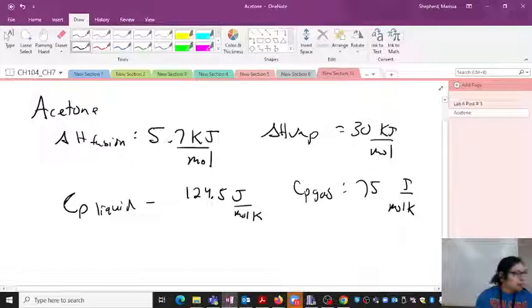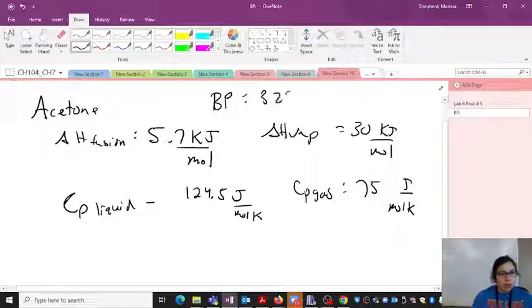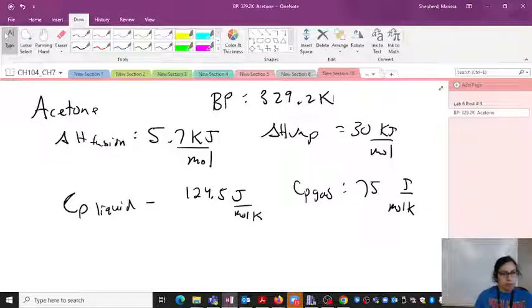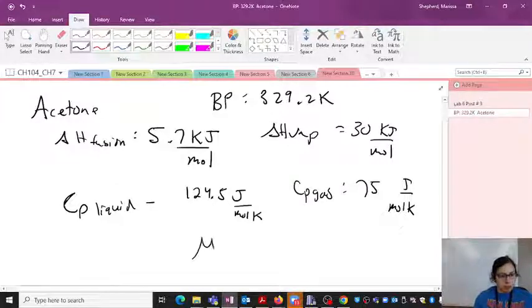And the boiling point, if I can find my mouse, is 329.2 Kelvin. I'll add in melting point.